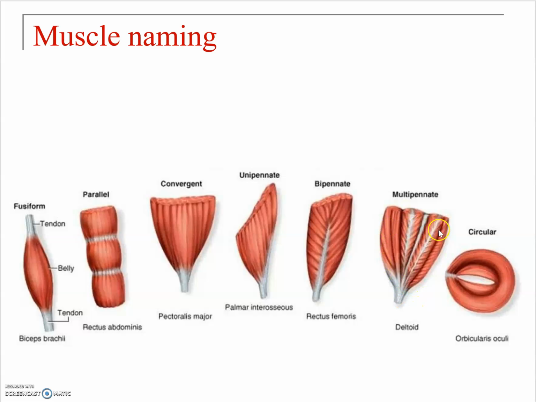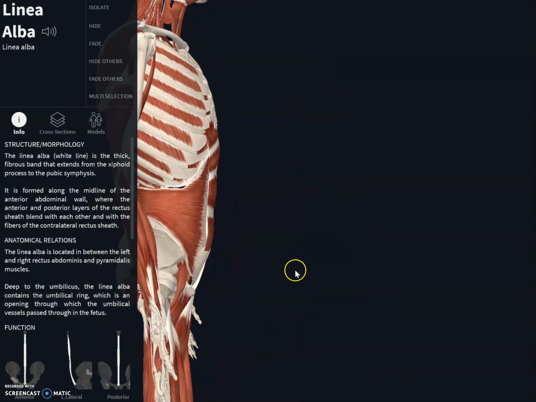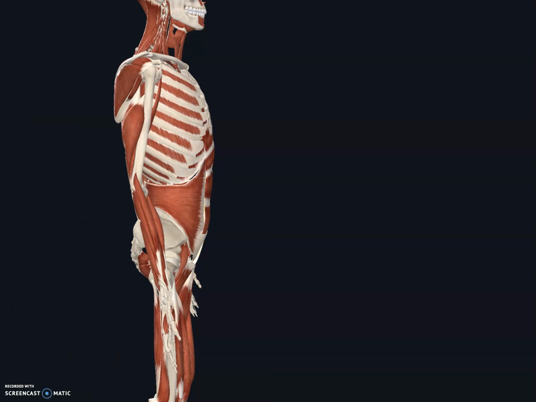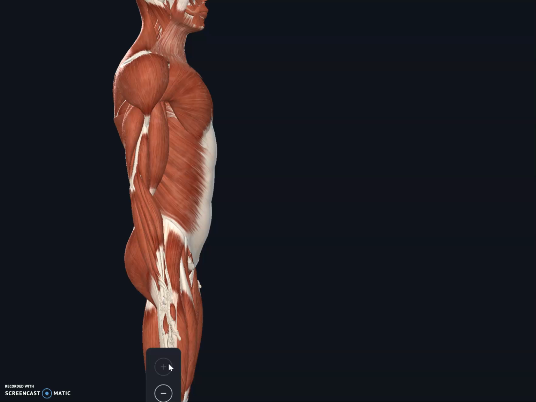And deltoid literally means triangular, a shape like the Greek letter delta. And that's why it's called deltoid muscle. If you look at the deltoid muscle in here, oh yeah, it's missing in here, but I am going to add the muscle layers in here so you can see the deltoid muscle.